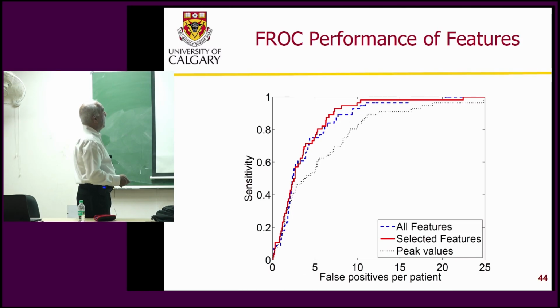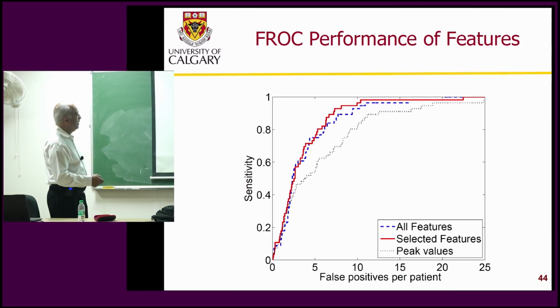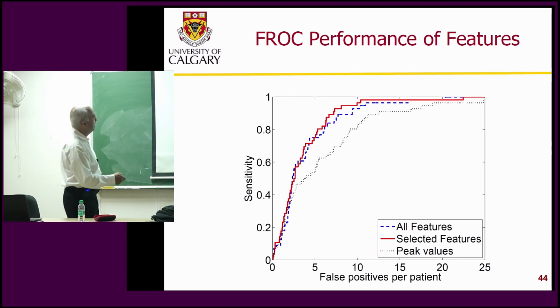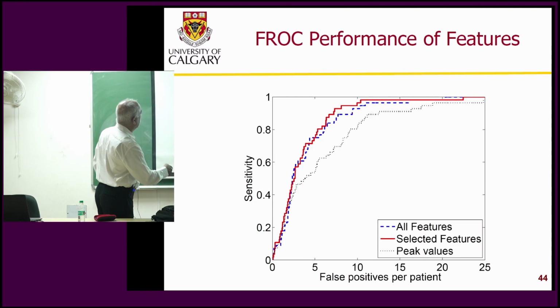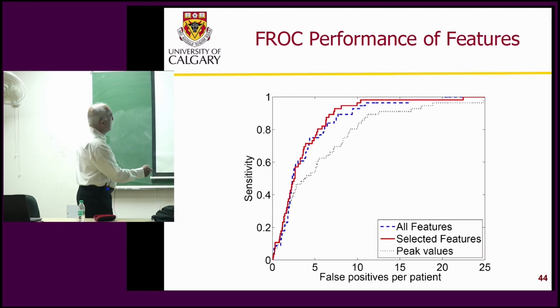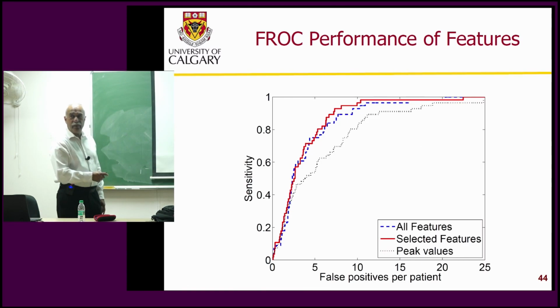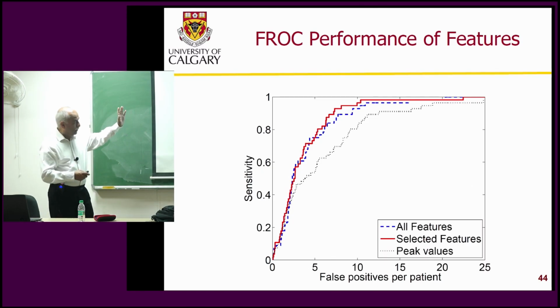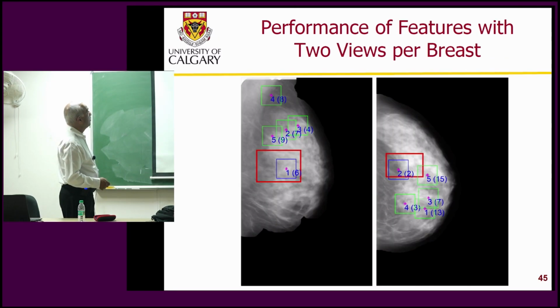So the FROC curve, using only the peak values, I said 0.8 at 9 point something, close to 10 there, and you want to push this curve up to this corner. With selected features, all features gave the blue line, selected features gave a little better response. So feature selection is important. The difference is not much in this case, but it is important.